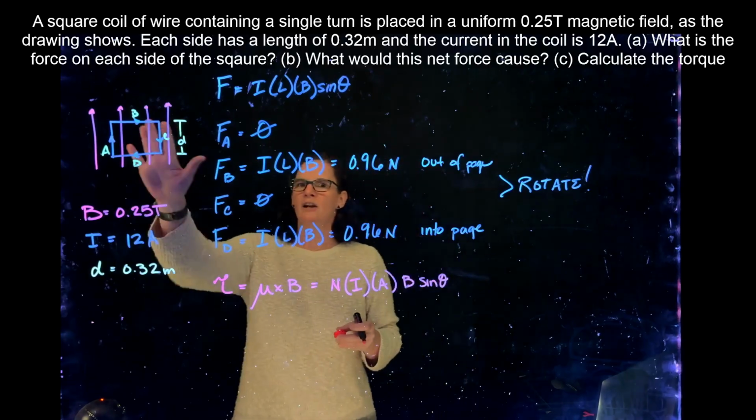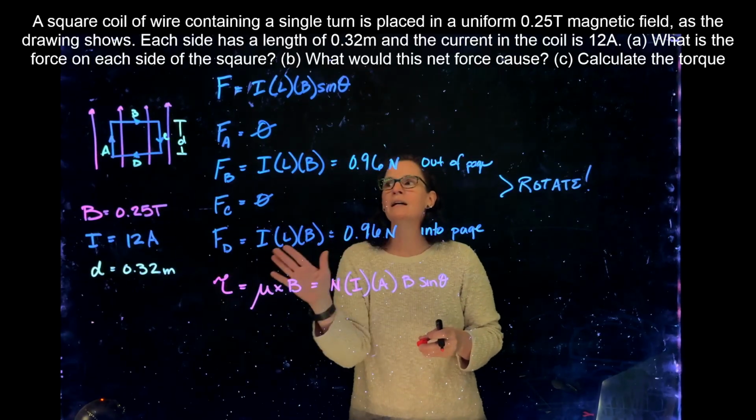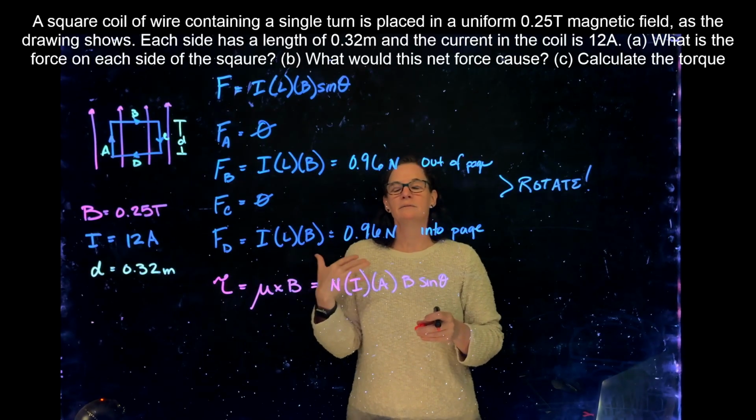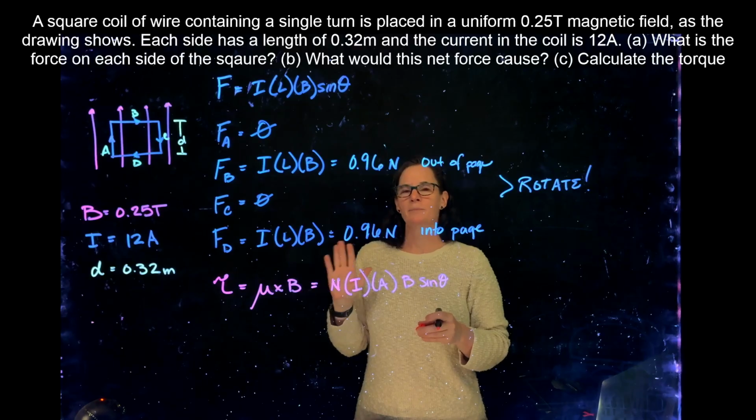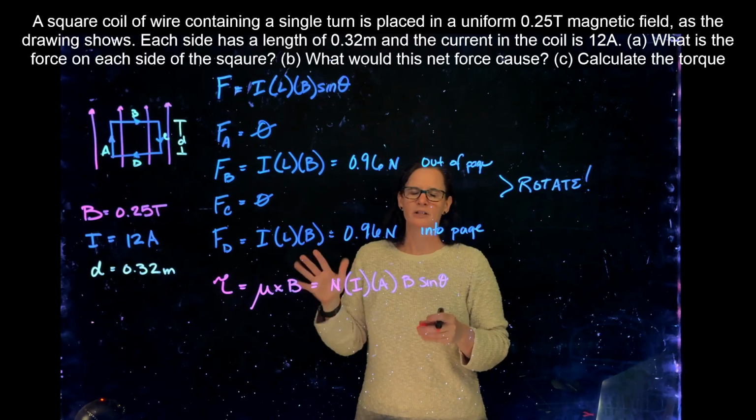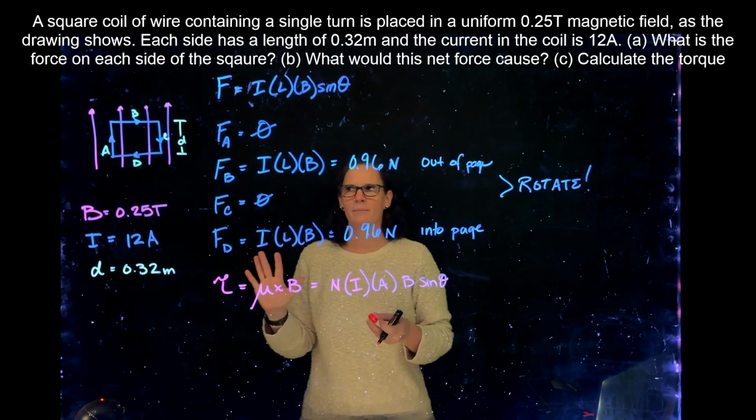So in our example here, mu, that area, is going to be out of the page. It could also be in the page. We're just going to call it out of the page.